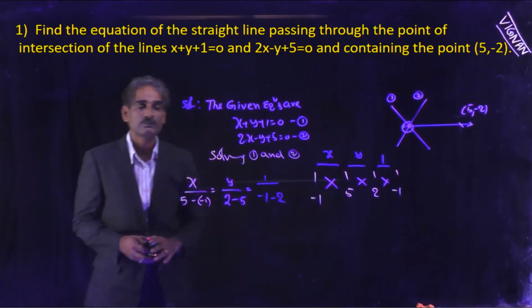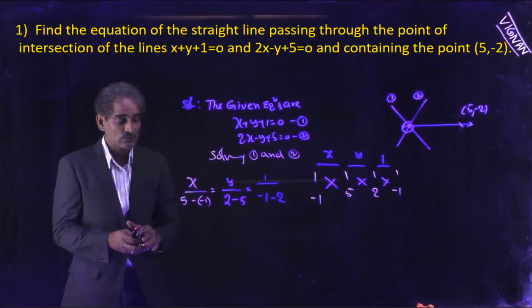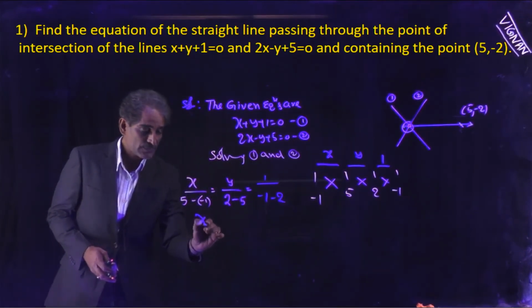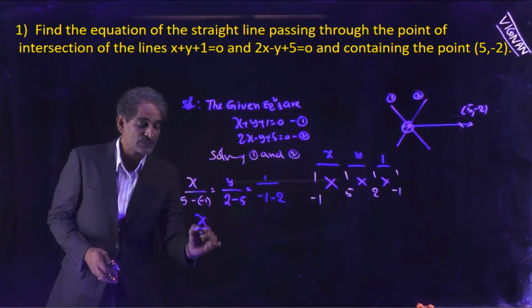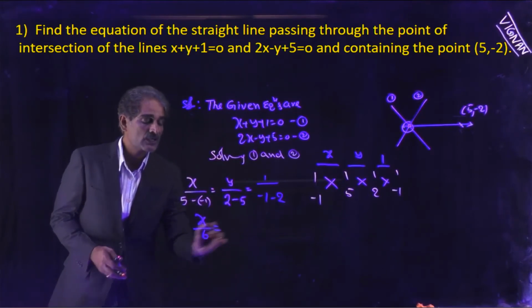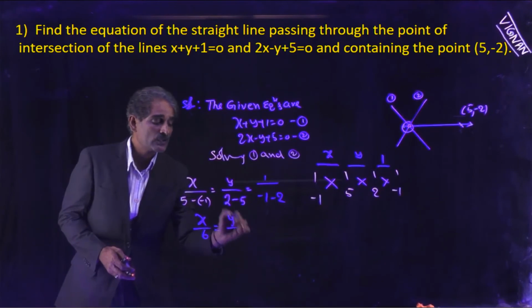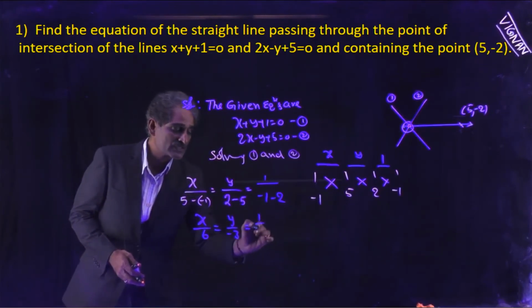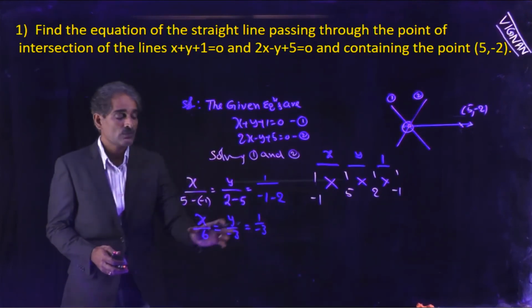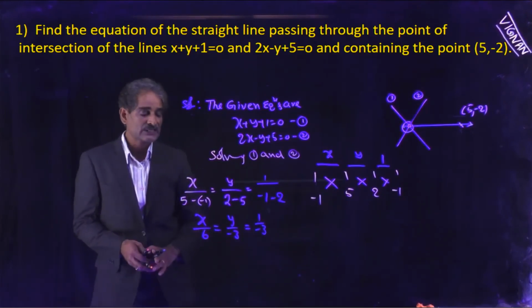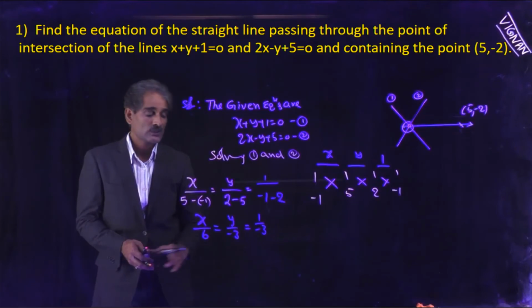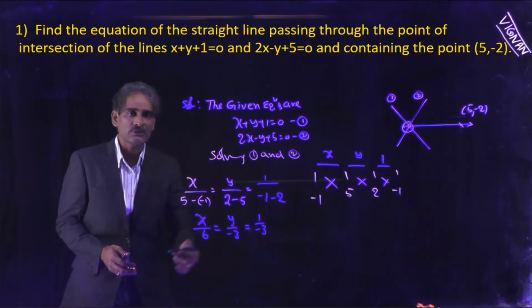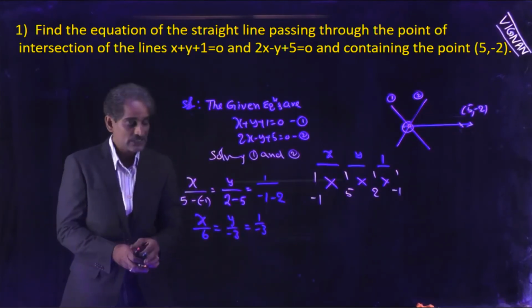Okay, now write down x by 5 minus of minus 1, plus 1, that is equal to 6, and y by 2 minus 5, that is minus 3, and 1 by minus 3. Now from this find the x, y values. There is 3 common in all the terms, we can cancel it.